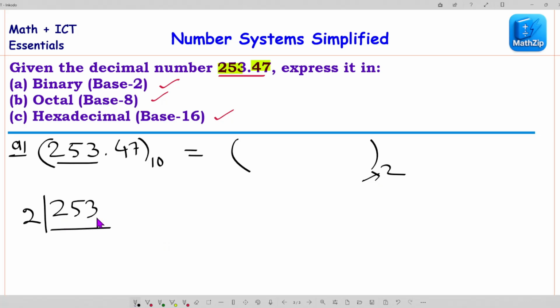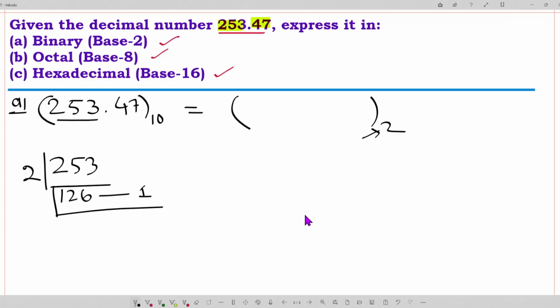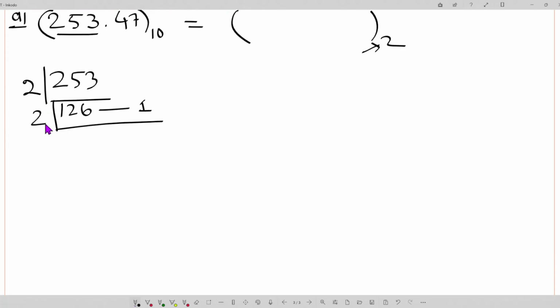So, 253 divided by 2 is 126 and remainder 1, right. Then again we will divide by 2. So, here is 63, remainder 0, divide by 2.